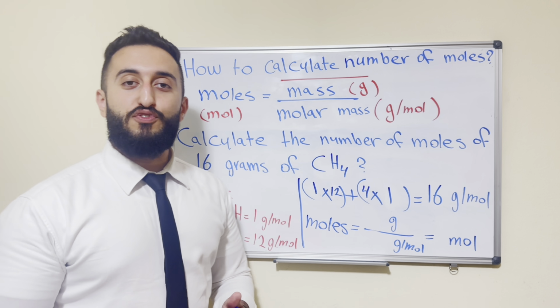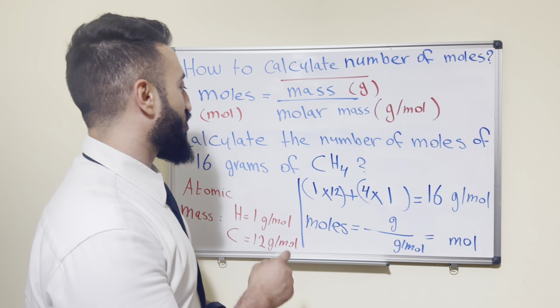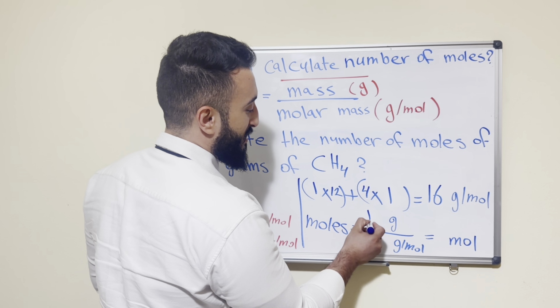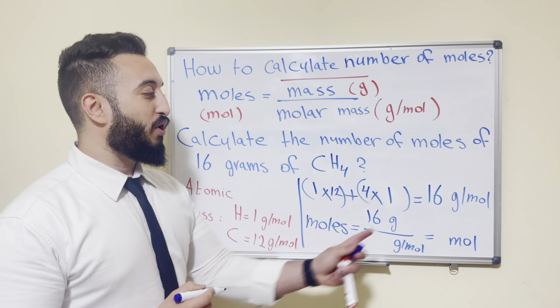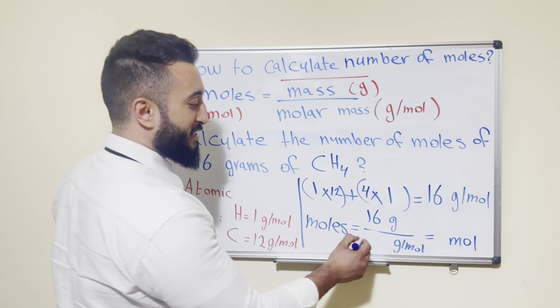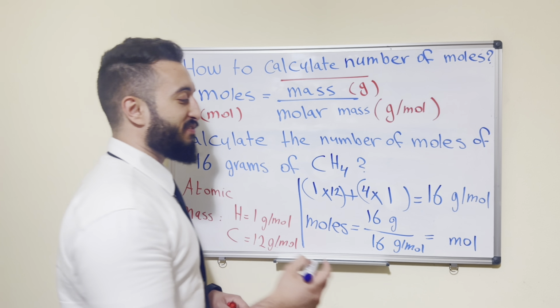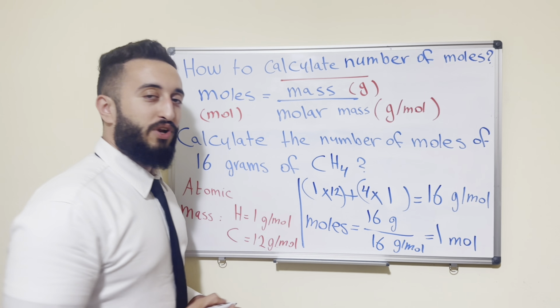What is the number of moles of 16 grams of CH4? The mass here is 16 grams and the molar mass is also 16 grams. So what is the number of moles here? We have only 1 mole of CH4.